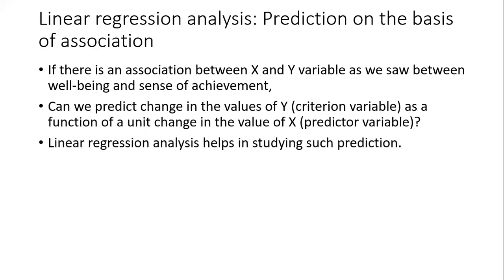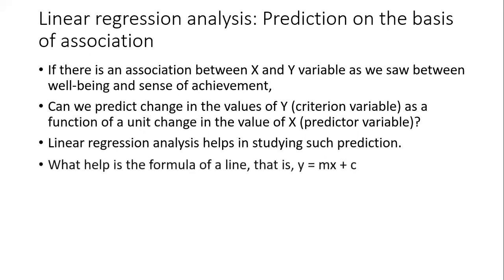Well, linear regression analysis, again, is utilized in studying such prediction. We take help of the formula of a line, that is y equals mx plus c, where m is the slope of that line that it makes with the x-axis, and m is nothing but the tangent function of the angle that the line makes with the x-axis.